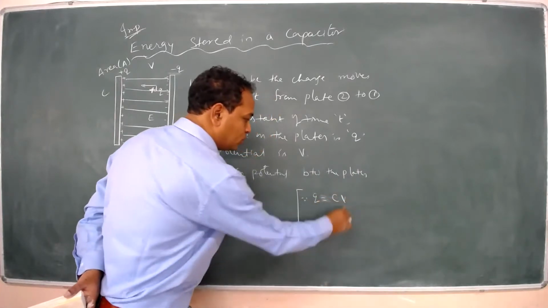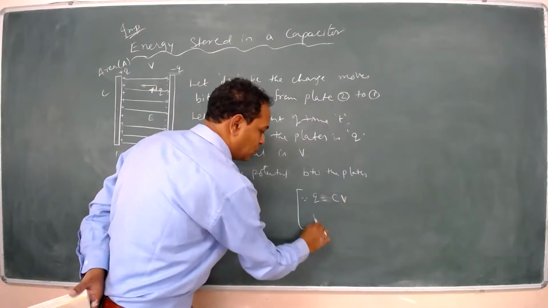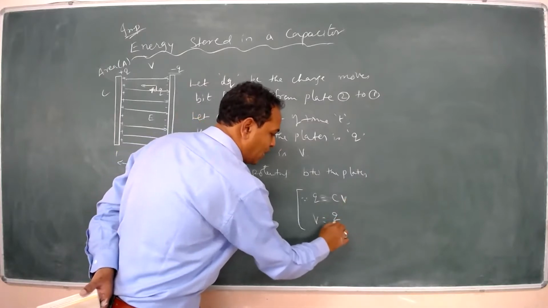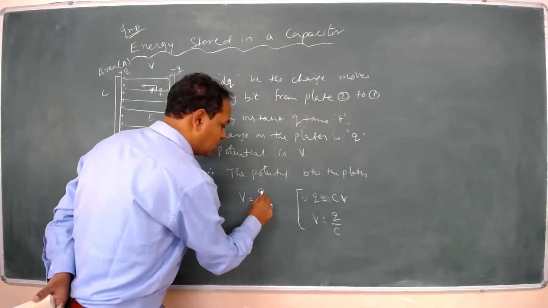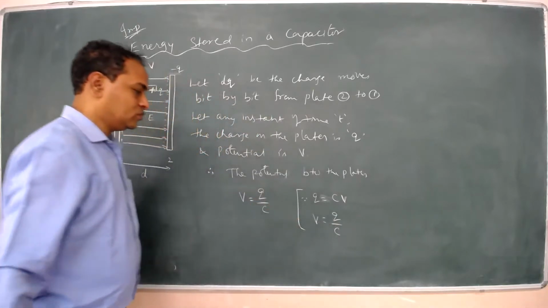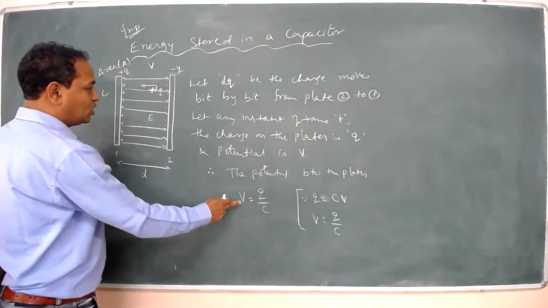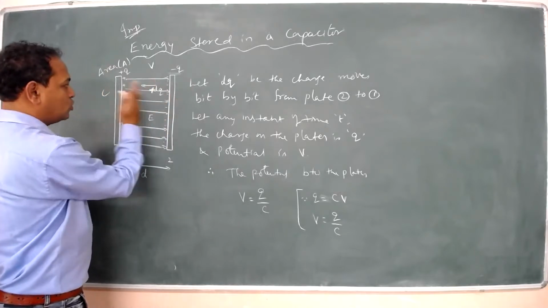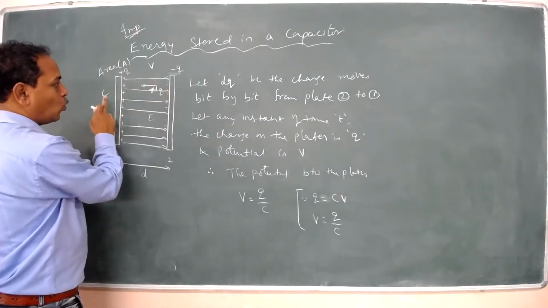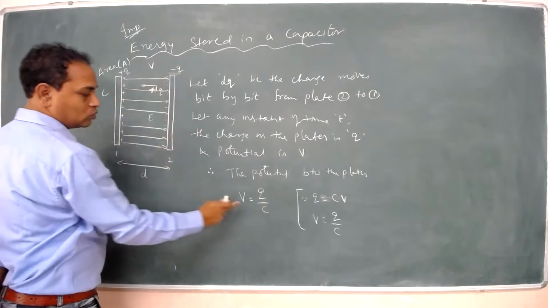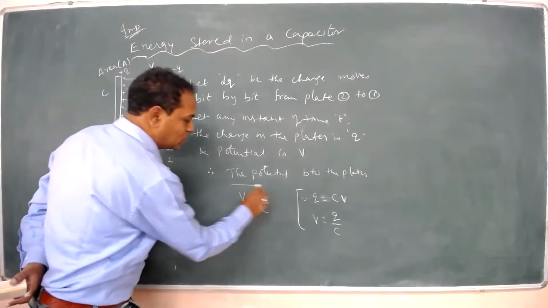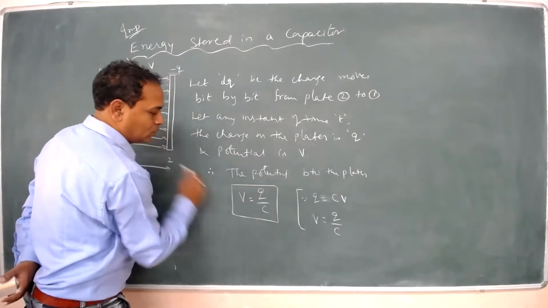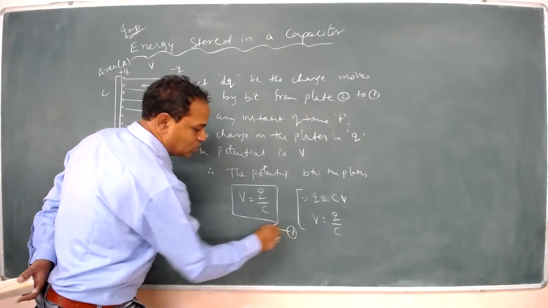Therefore, V is equal to Q by C. So here V is the potential acquired on this plate of capacitor C when the charge on it is Q. Say this is equation 1.